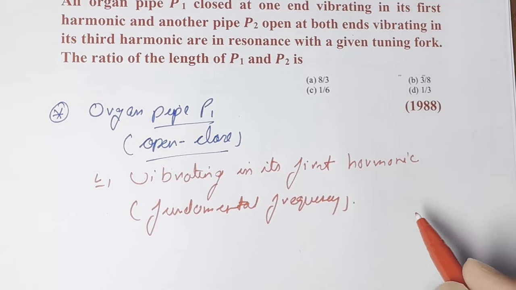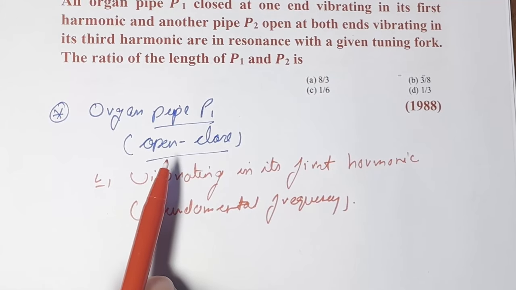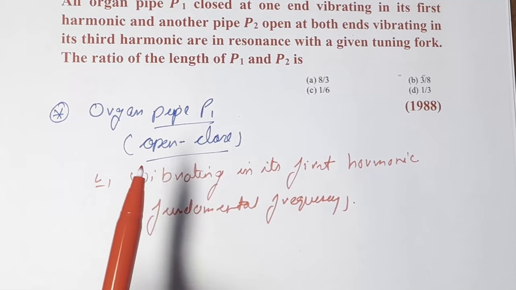And because it is open at one end and closed at the other end, it is going to have, you can say, a node at the closed end and an antinode at the open end.